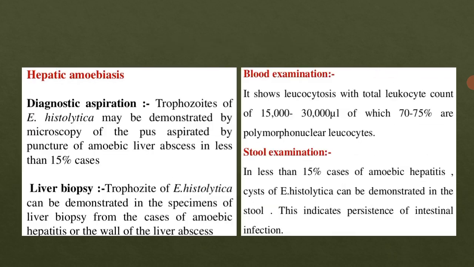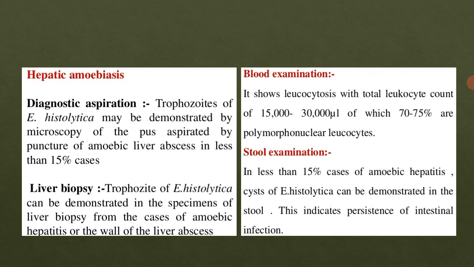Now, in hepatic amoebiasis, for diagnostic aspiration, the trophozoites of Entamoeba histolytica may be demonstrated by microscopy, with the help of a pus sample taken from amoebic liver abscesses. This is very rare, in less than 15% of cases. Then a liver biopsy sample can be used for liver abscesses.